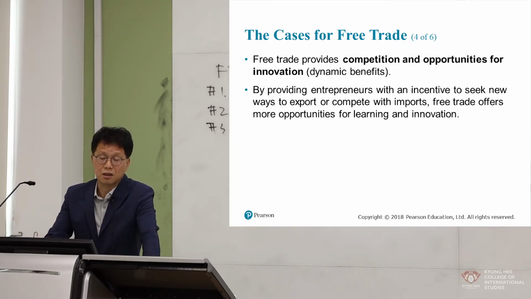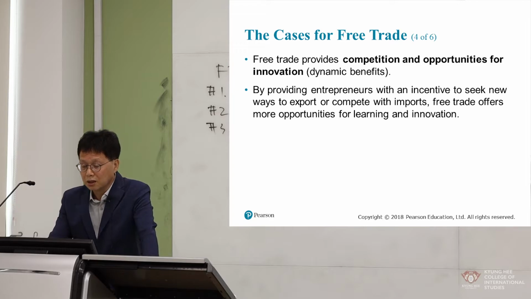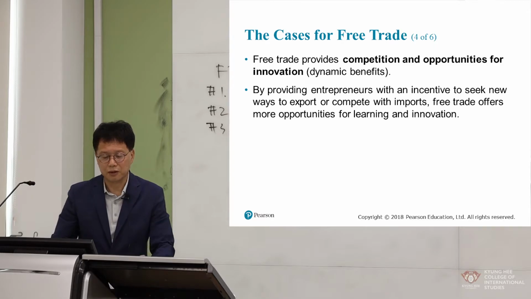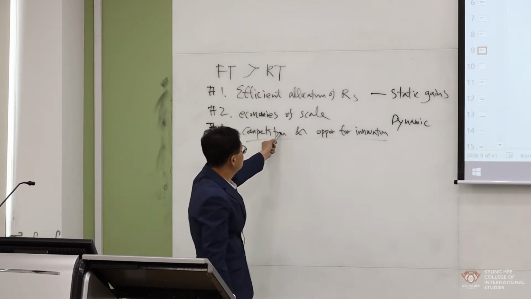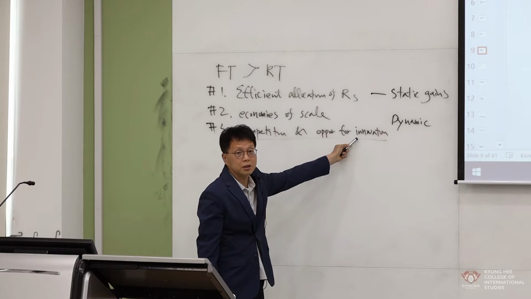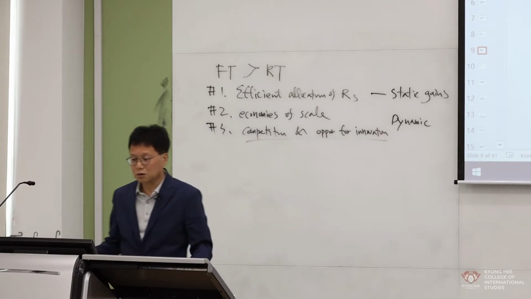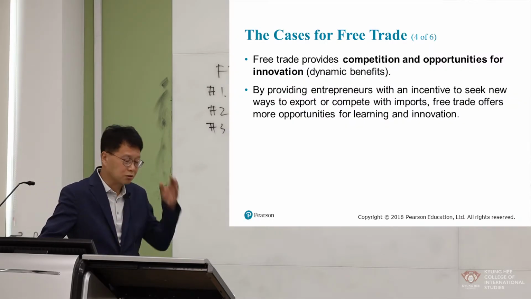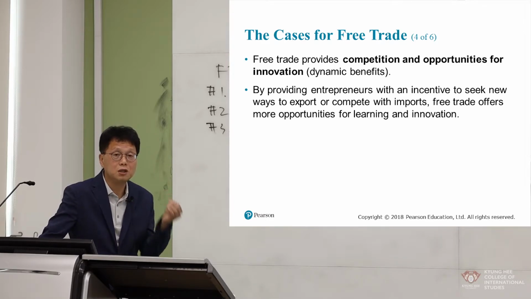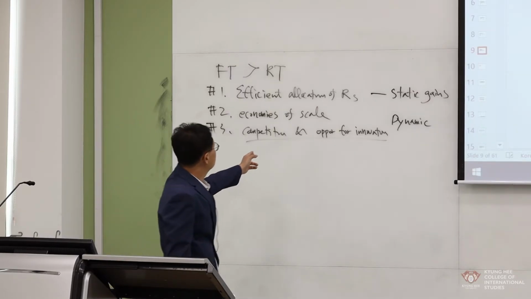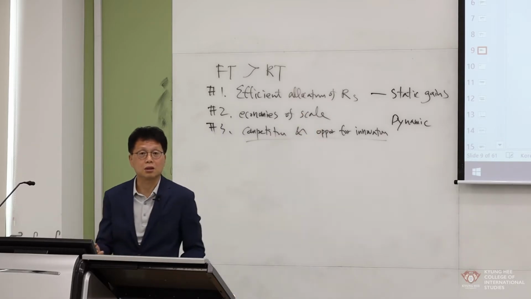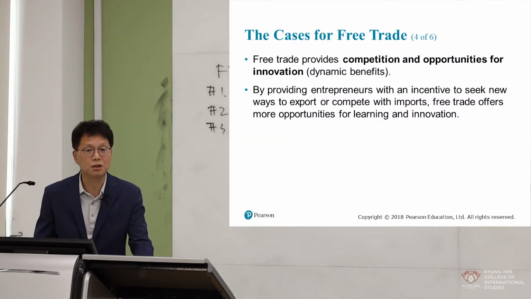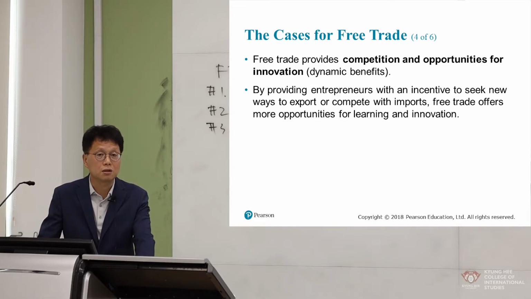In this way, innovation happens, right? So actually, that is a really important thing. It is a very similar story to economies of scale, competition and opportunity for innovation, right? Anyway, firms are not so happy after liberalization, right? But the important thing is the result. The result is increasing productivity based on competition with foreign companies.